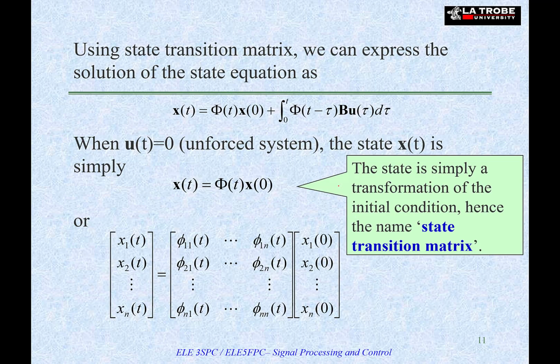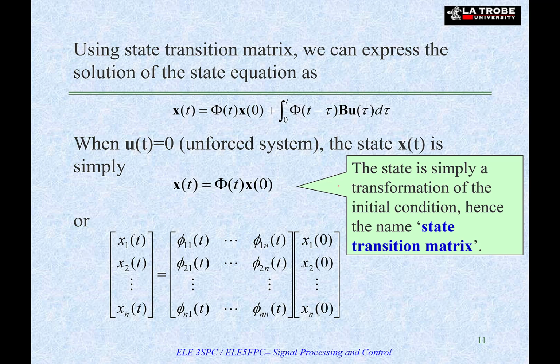This slide shows you the function of the state transition matrix. After we define the state transition matrix to be the matrix exponential function, we can rewrite x(t) using the state transition matrix phi(t).